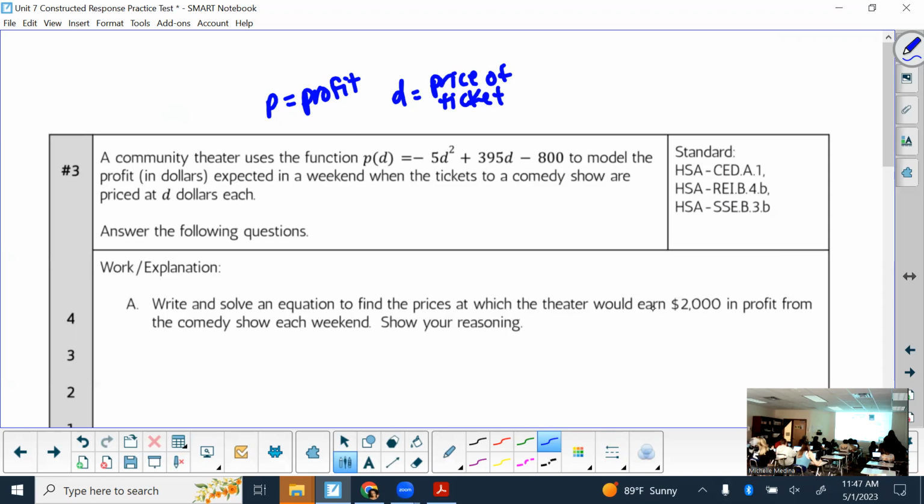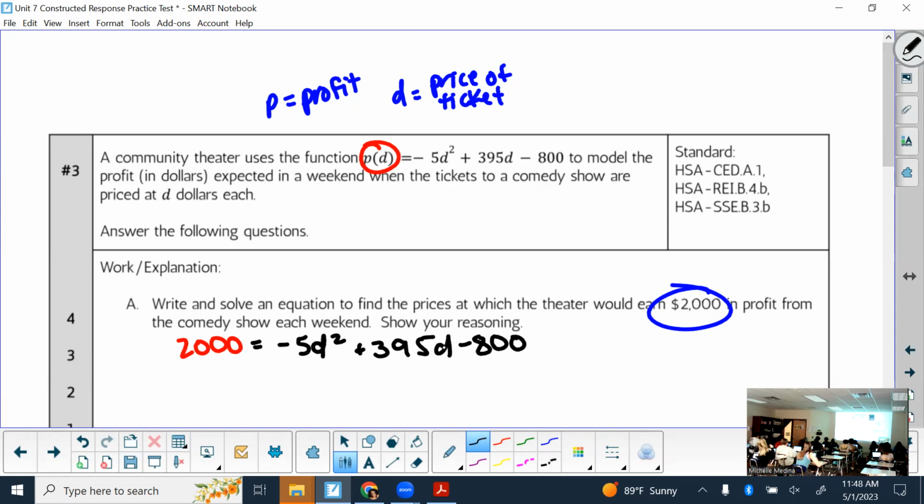So then is that $2,000 going into the profit or the ticket price? Profit. So it's going to be replacing this part of it, because we're wanting to figure out at what ticket price, so at what D value, gives me a profit of $2,000.